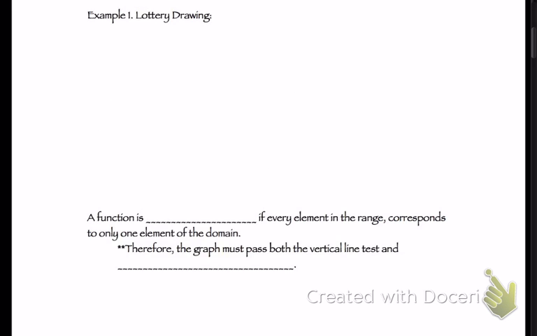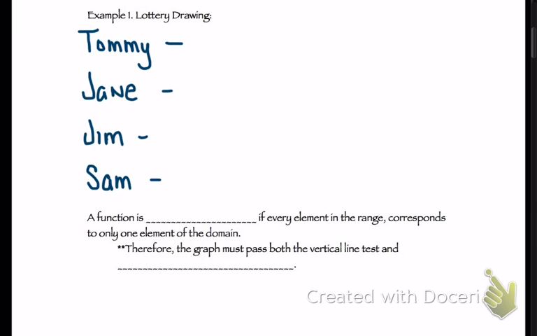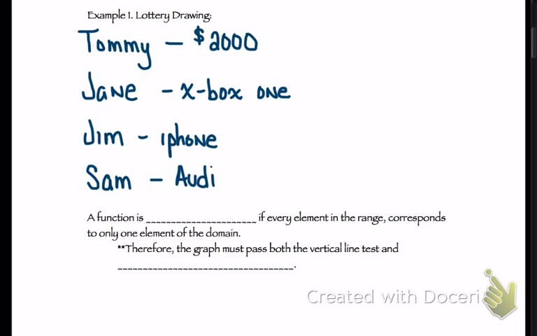Okay, so here's a little mini example. I think this is going to help you understand what a one-to-one function is. Let's say I gave you this lottery drawing and I had these 4 people. In this lottery drawing, these 4 people won these 4 prizes.